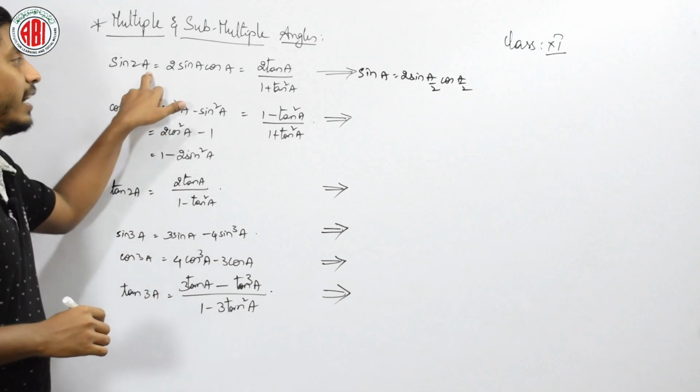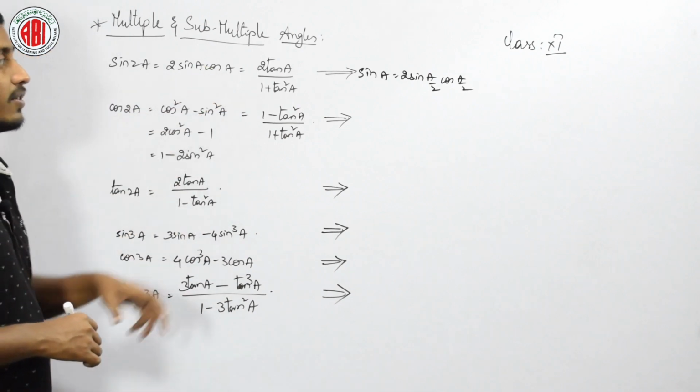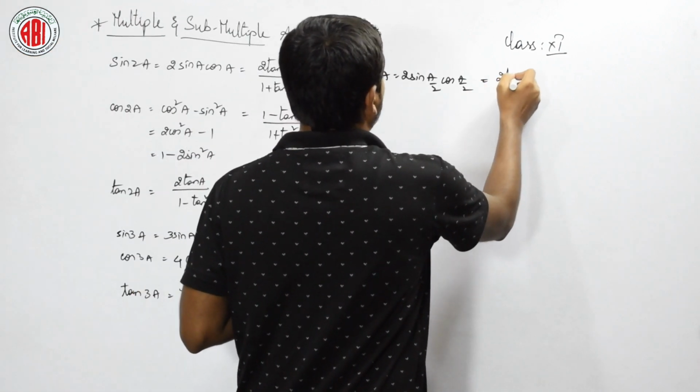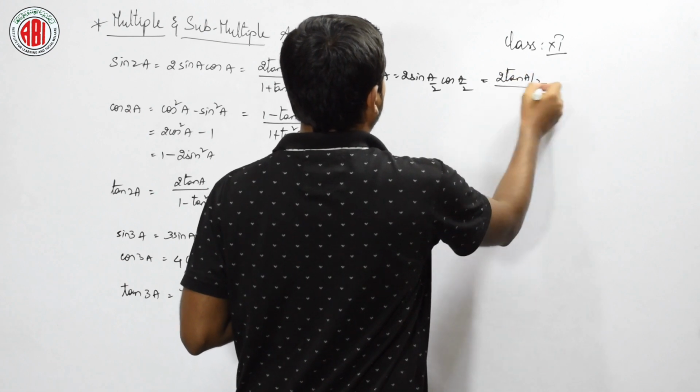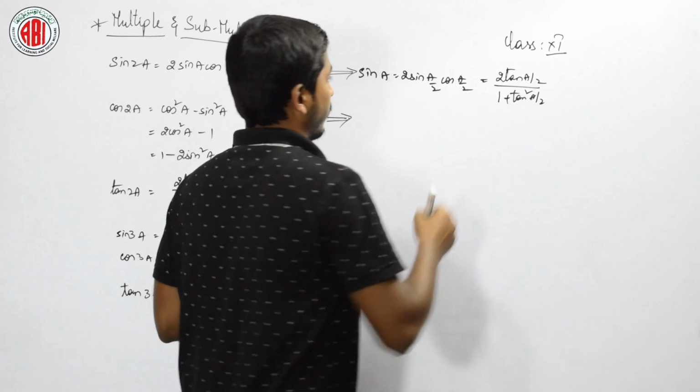Instead of A we are writing A by 2, the 2 gets cancelled, and we get here A by 2, here also A by 2. We can even write this as 2 tan A by 2 by 1 plus tan square A by 2.